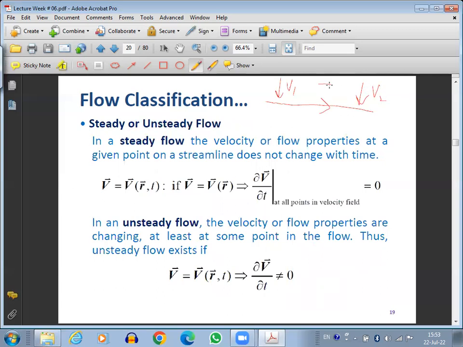Now I'm saying that V1 is not equal to V2, so that is a non-uniform flow. But when I'm looking at steady or unsteady flow, I have to not look along the path. I have to look at a single point at different times. So initially, what is the velocity V1 at time t equals 0?